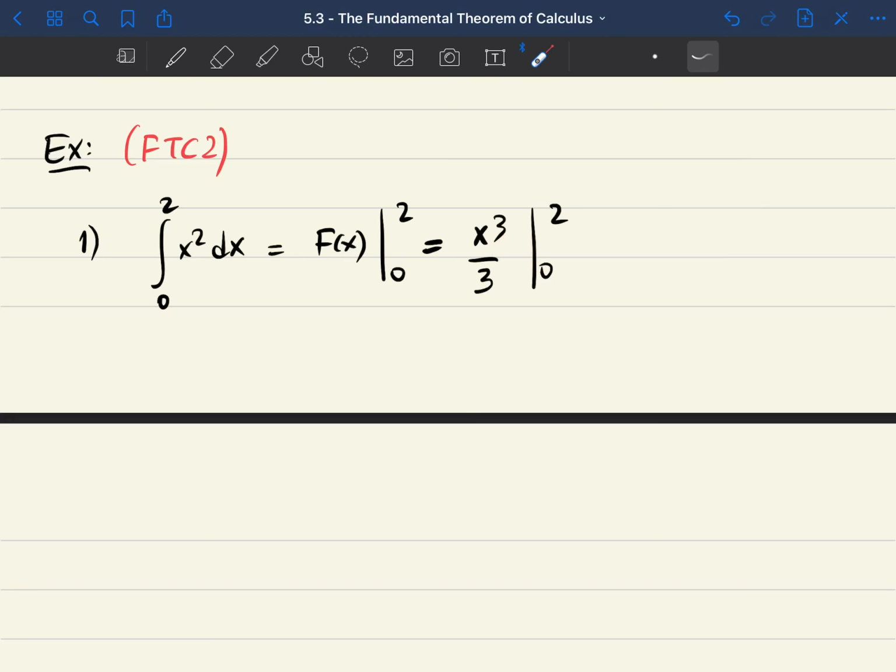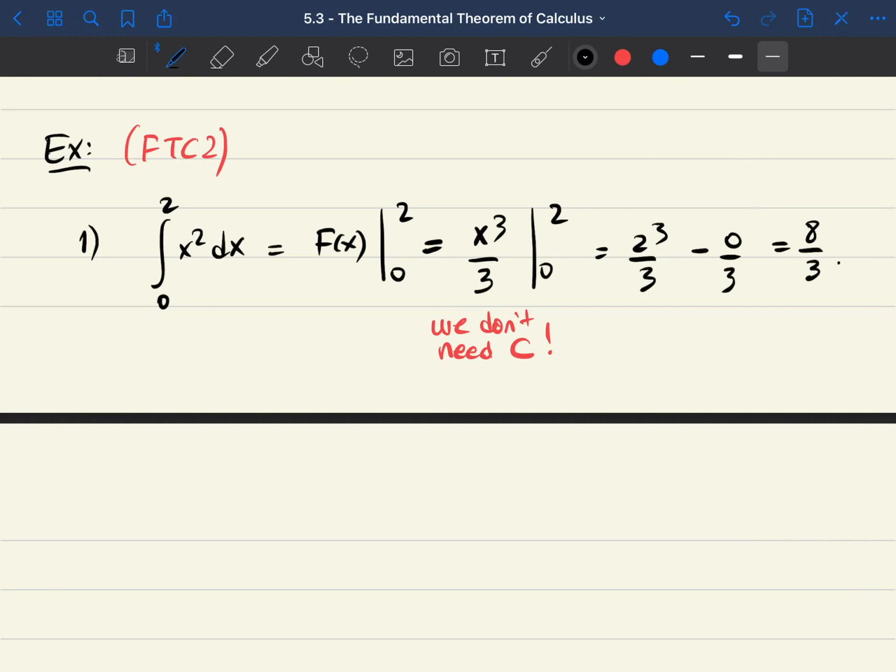We don't need c, okay? The answer will be the same for any choice of antiderivative. So let's just choose an antiderivative without a c. So this is equal to 2 cubed over 3 minus 0 over 3. So this is 8 over 3.